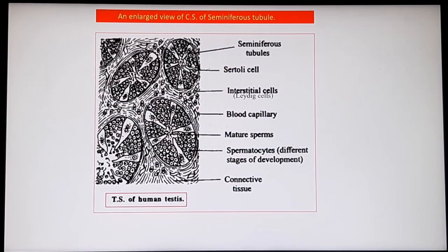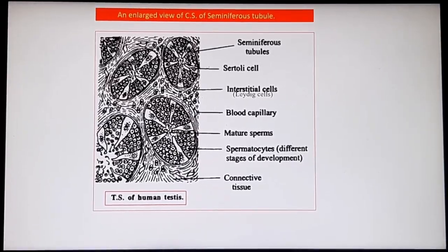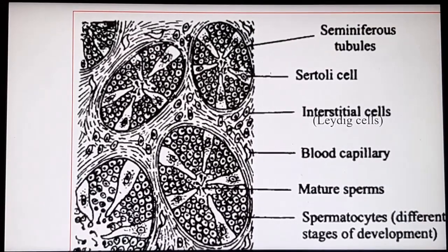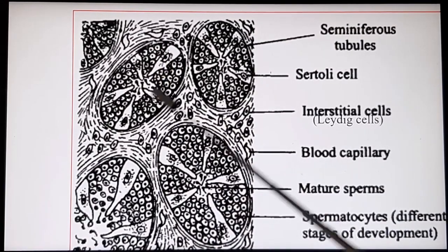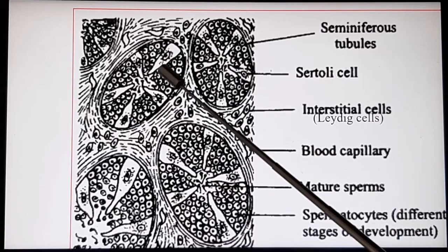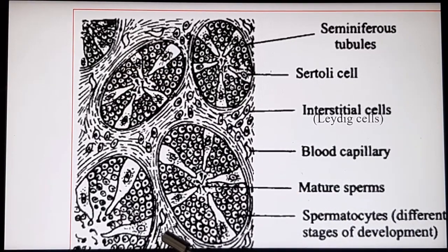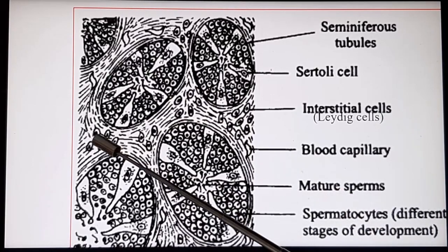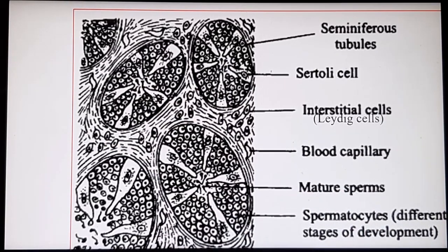Let us see the cross section of seminiferous tubule. You can see all these are seminiferous tubules. Four adjacent seminiferous tubules are seen, and these are the interstitial space, the space between the seminiferous tubules.